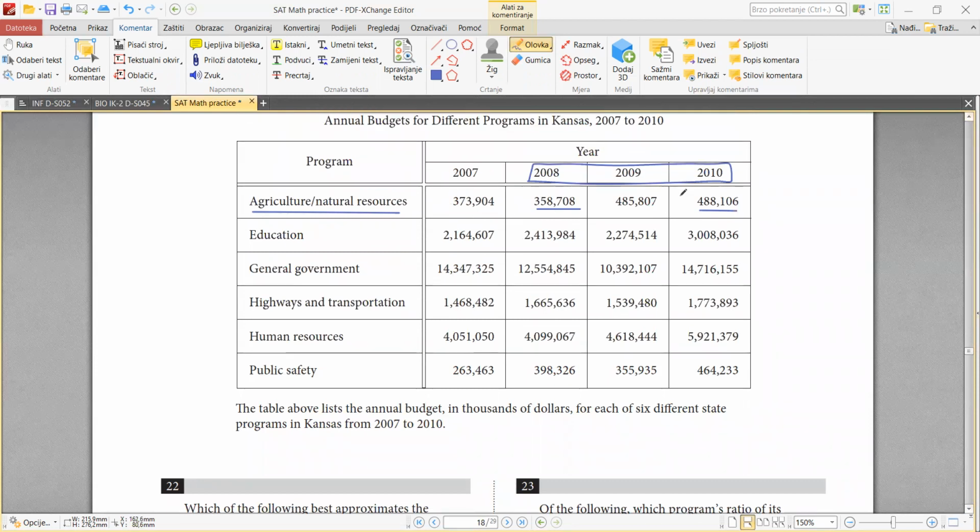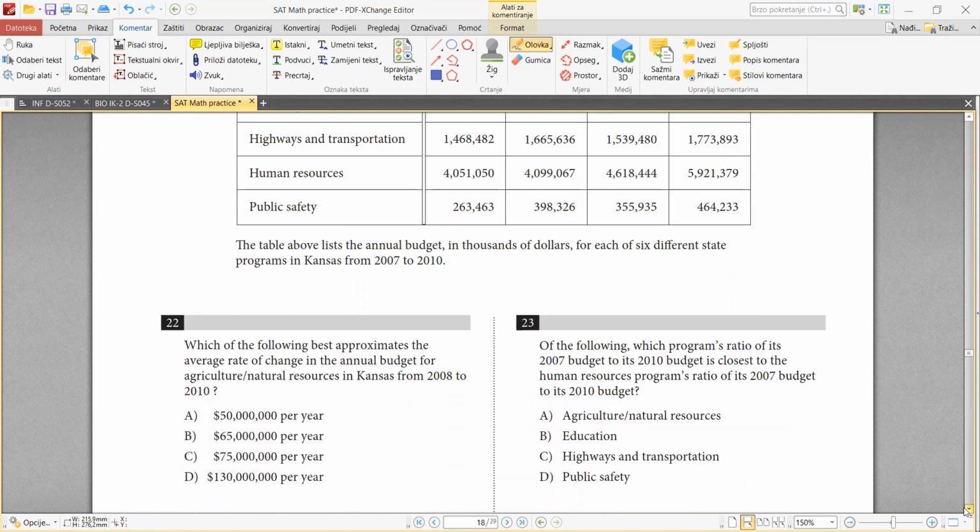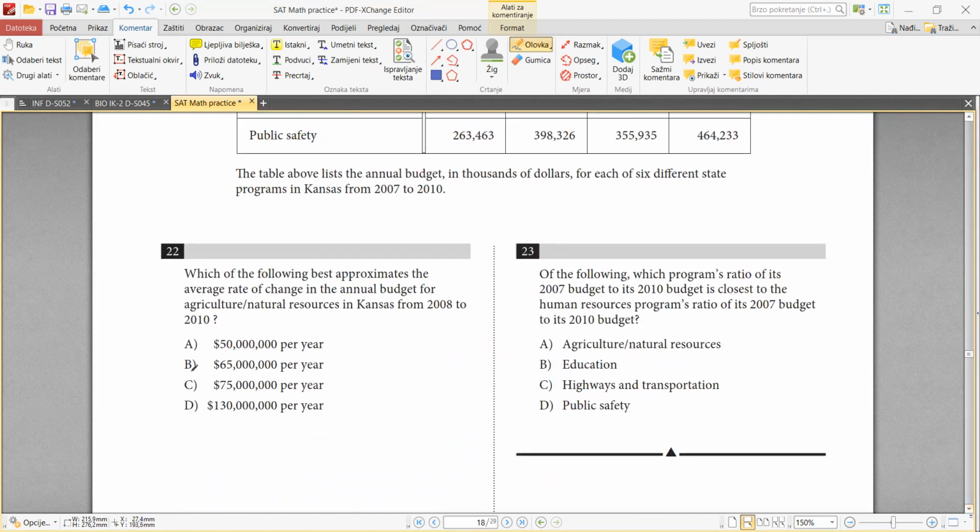The difference between those budgets is 130,000, which must be divided with 2 because from 2008 to 2010, there are 2 years, and 130,000 divided with 2 will give us 65,000.